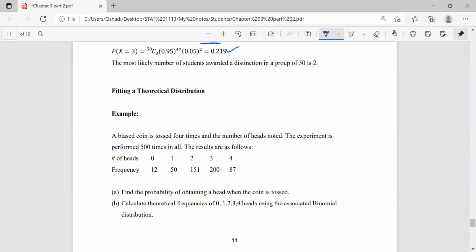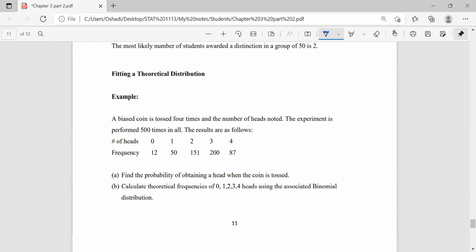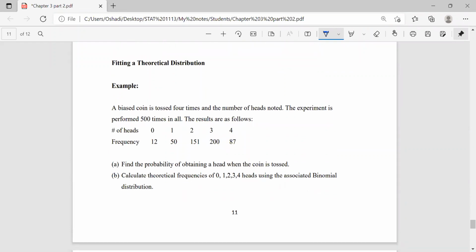In that case, using the experimental results, we could build up a theoretical distribution, and then using some hypothesis testing, we could say whether the experimental results come from a given special distribution or not. So you have to know how to fit a theoretical distribution.